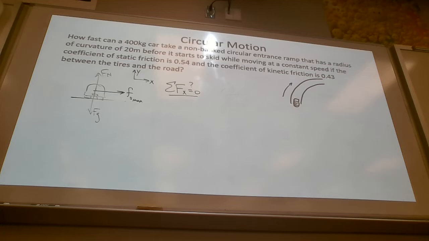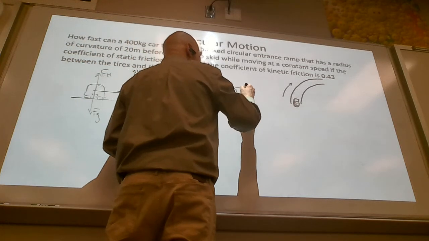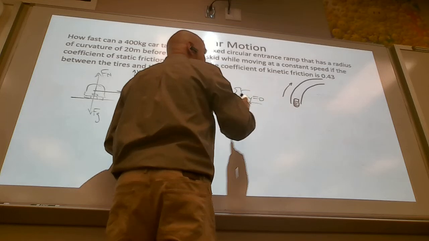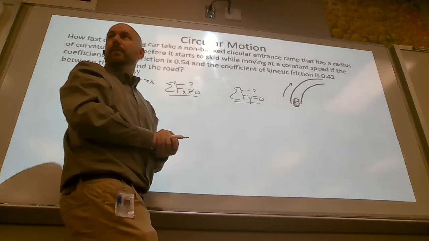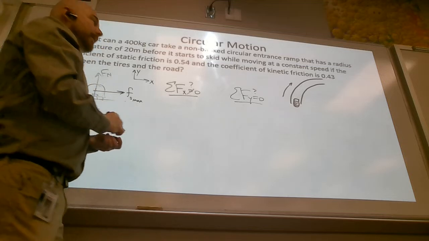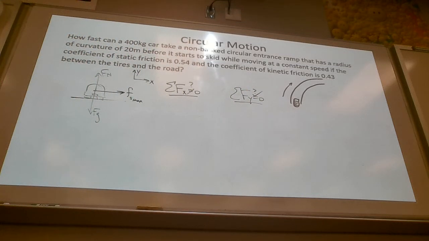Is it doing what inertia wants to do? It's not experiencing acceleration. Sum of the force in the y direction, are they equal to 0? Yes, it's at rest in the y direction. Okay? Yeah? It's been a while.